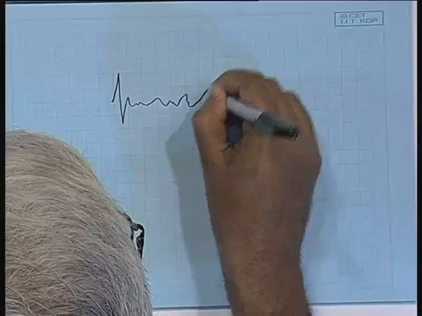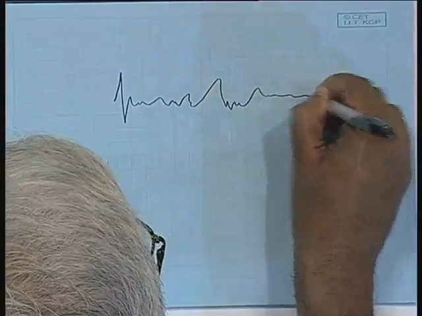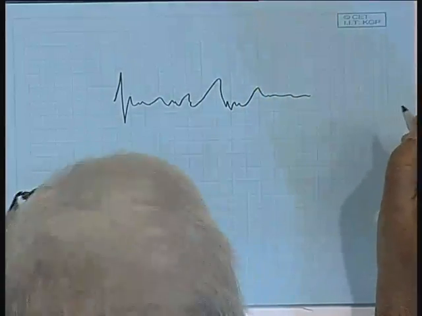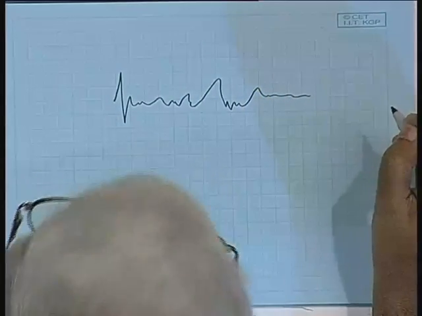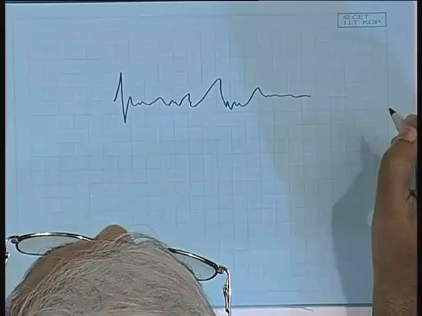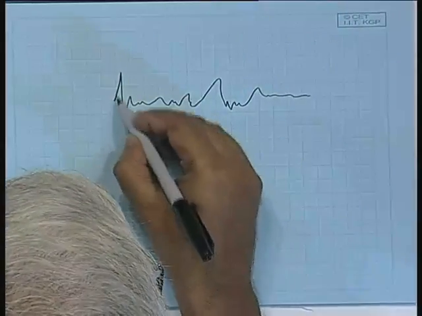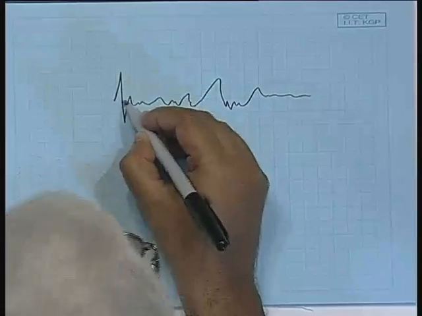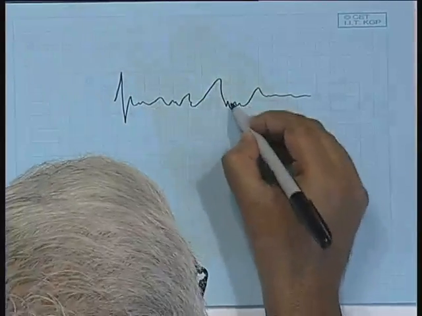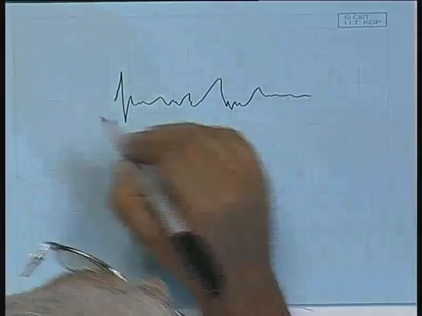considering a few classes back. Now, supposing we have a waveform like this, and we want to find out exactly where the high frequency component has appeared. Say here there is a sharp change, here there is a sharp change, here there is a sharp change.